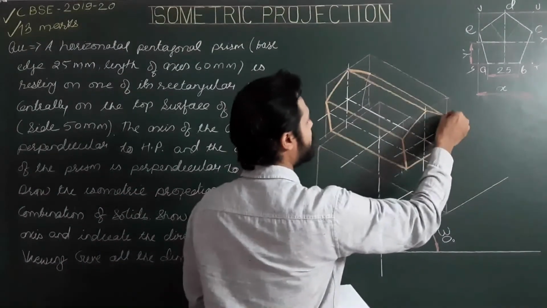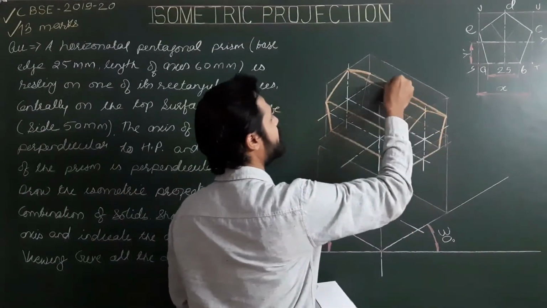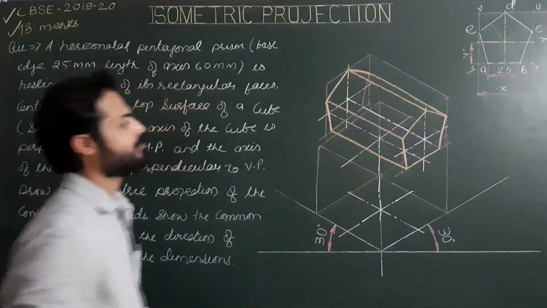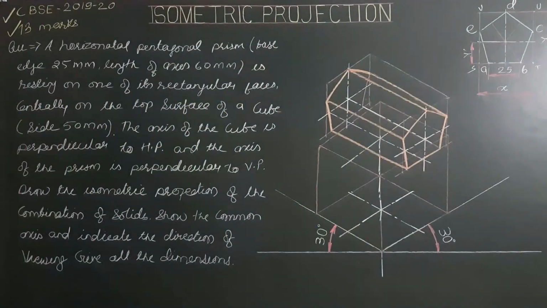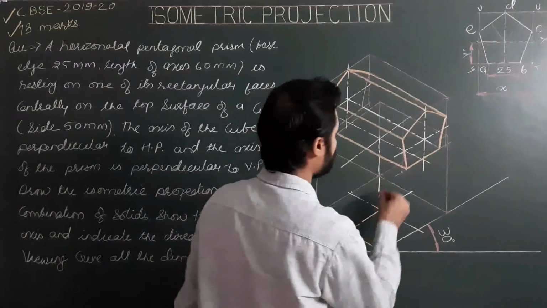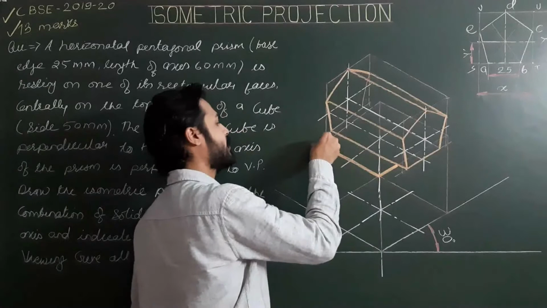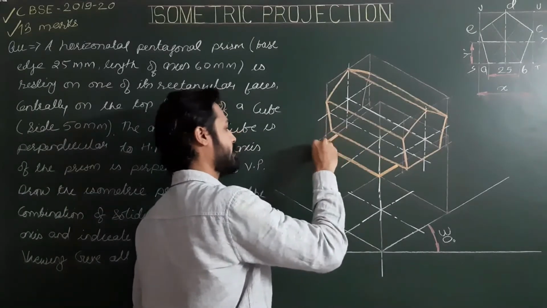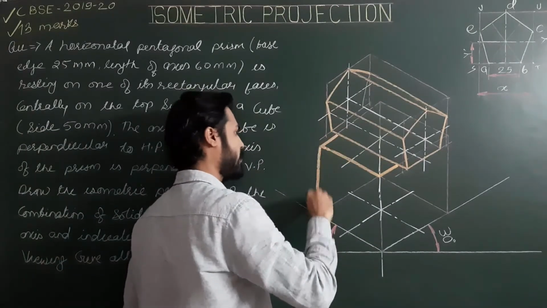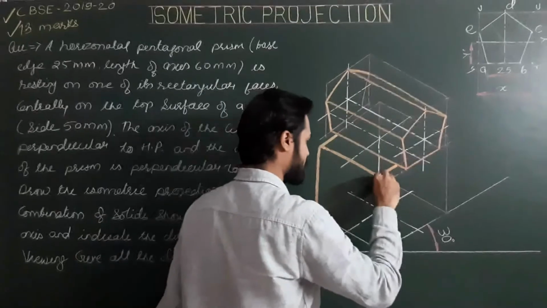So these are the visible edges of the pentagonal prism. And for the cube, these are the visible edges, showing all visible edges.